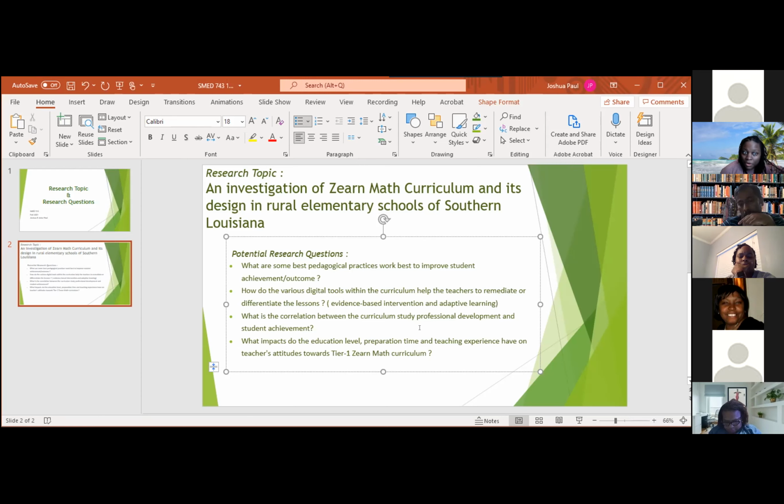Because while we know numbers are important and the achievement, I'm assuming you're talking about the test scores, but it would also be in terms of conceptual understanding and looking at how they're performing throughout the school year using these two different pedagogical practices, as well as how they perform on high stakes testing. That would be my assumption.